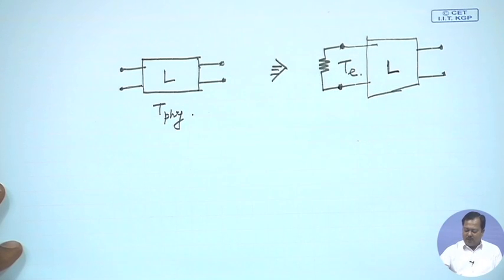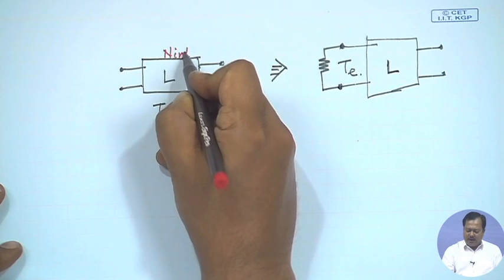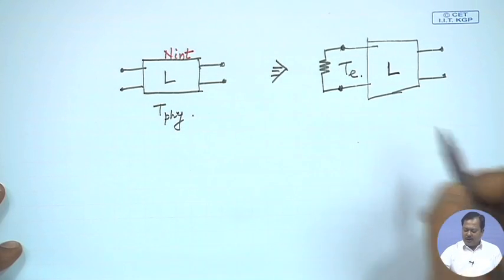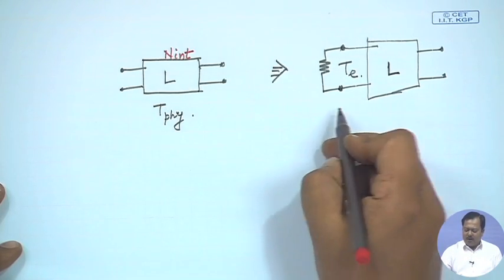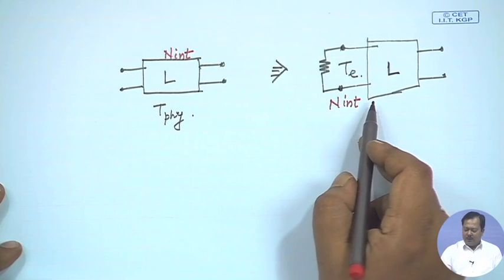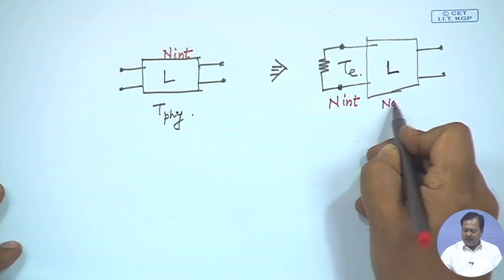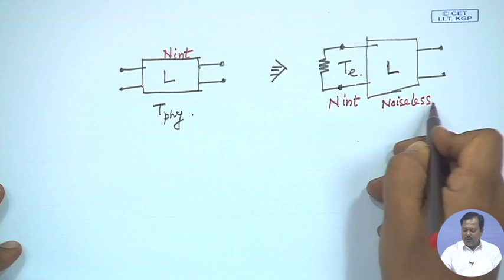So for the first case we have noise generated internally, and in the second case we are representing this noise by an effective temperature Te followed by a noiseless two port network.